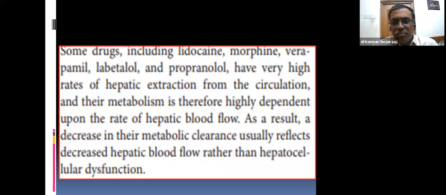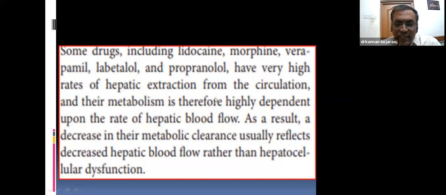And regarding the blood supply of the liver, some of the drugs, that is lidocaine, morphine, verapamil, labetalol, and propranolol, have a very high hepatic extraction ratio. This extraction ratio means that their metabolism depends on circulation. They are highly dependent upon the rate of hepatic blood flow, not on the metabolism.